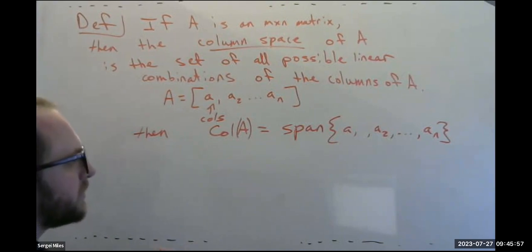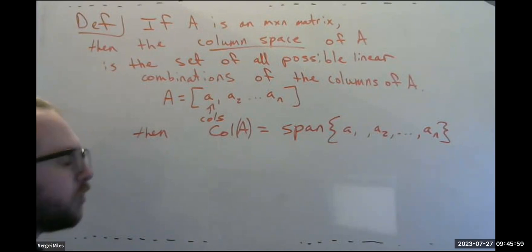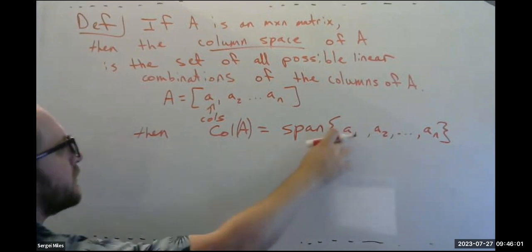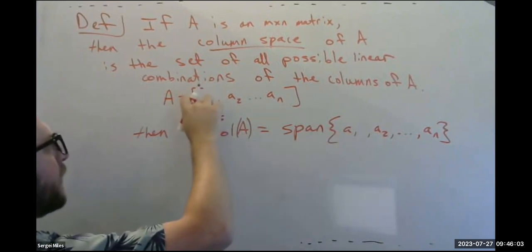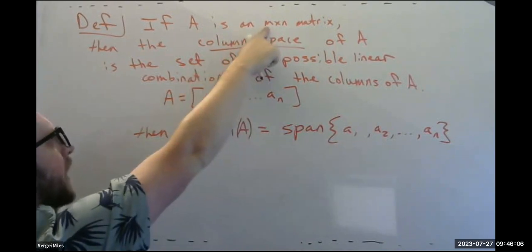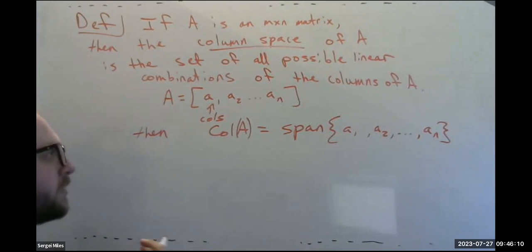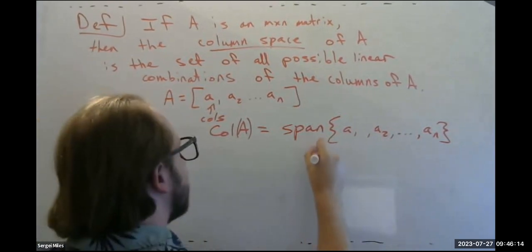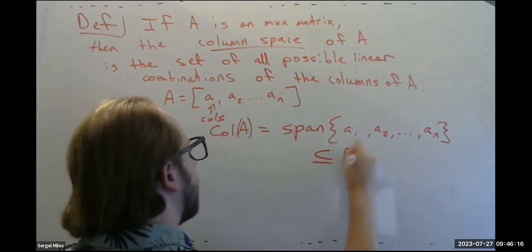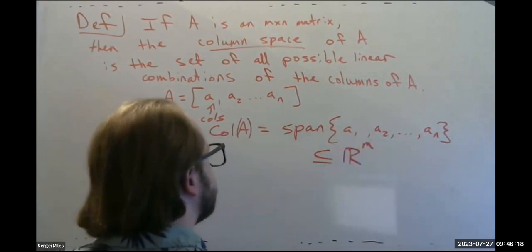But what is this a subspace of? Well, these column vectors each have m entries because there are m rows in the matrix. Each column has m entries. This is a subspace of Rm.